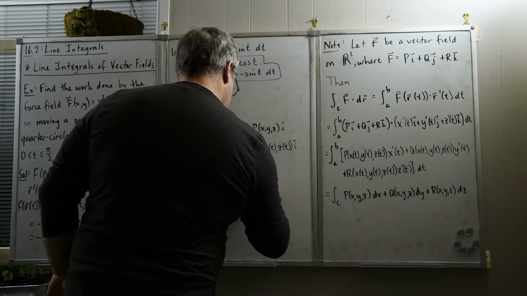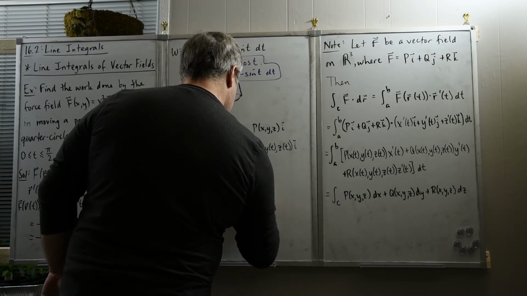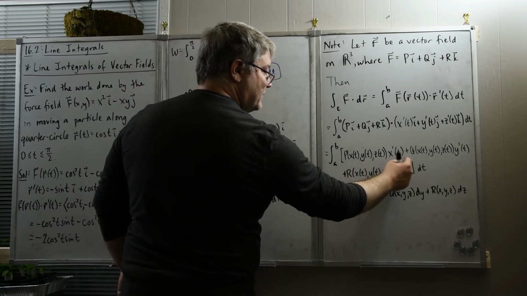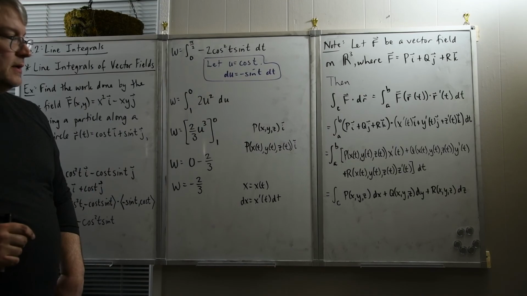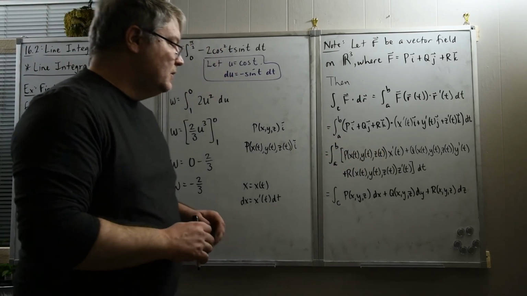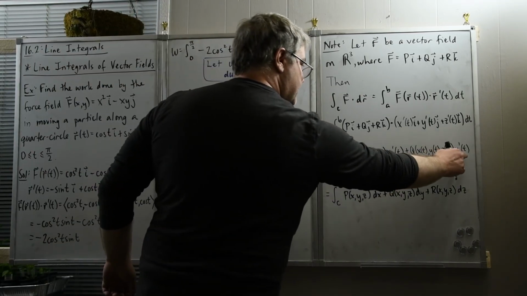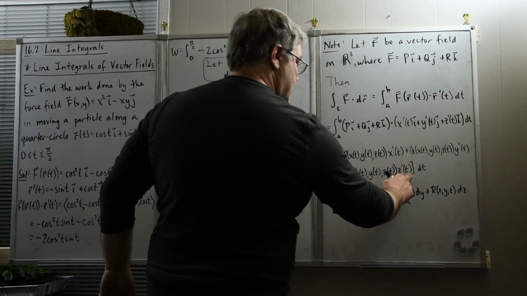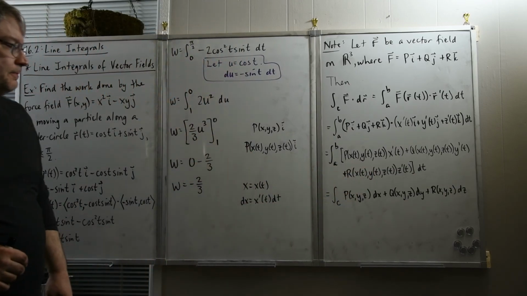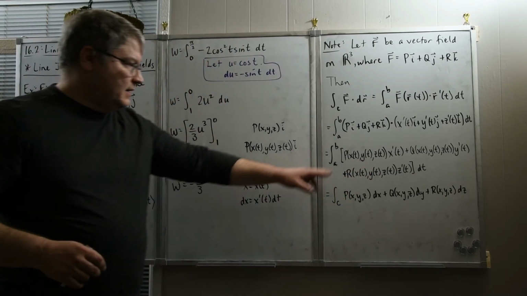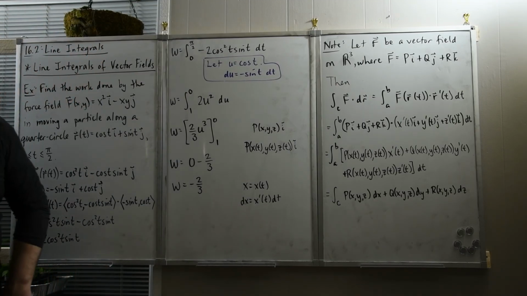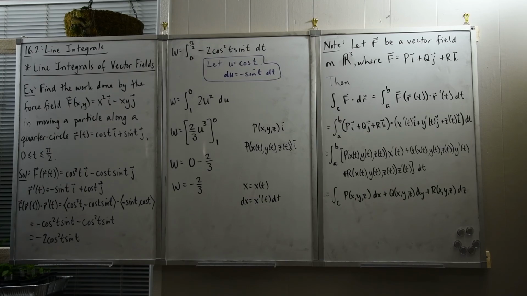Right. So if you have x equals x of t, dx is x prime of t dt. Well, that's what you're seeing right here. x prime of t dt, same thing as dx. So you've got your P of x, y, z dx. In similar fashion, y prime of t dt is the same thing as dy, and z prime of t dt is the same thing as dz. And so this can be written as the line integral along C of P of x, y, z dx plus Q of x, y, z dy plus R of x, y, z dz.